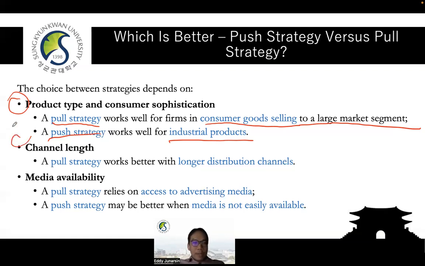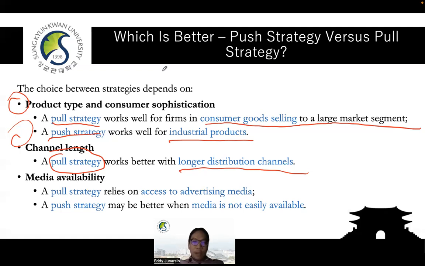What about the channel length? If the distribution channel is longer, then the pull strategy might work well. Pull strategy, again, using mass media. So a longer distribution channel with the media will help a lot, right? Because again, the distance between the producer and the end users is relatively longer.